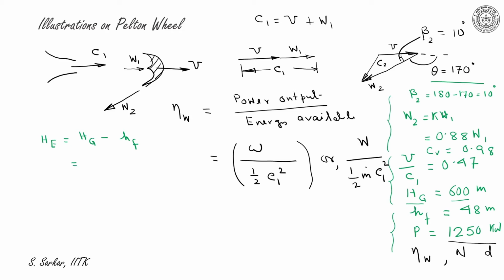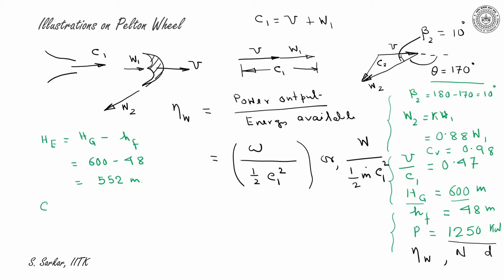Therefore I can write 600 minus 48. If you calculate, it would be 552 meters. So I have evaluated the effective head available.